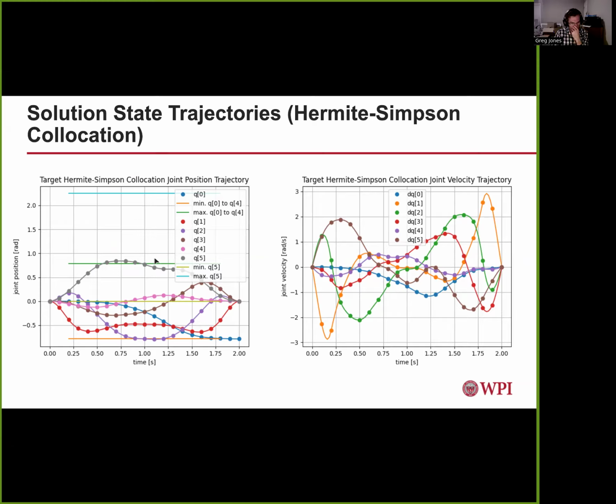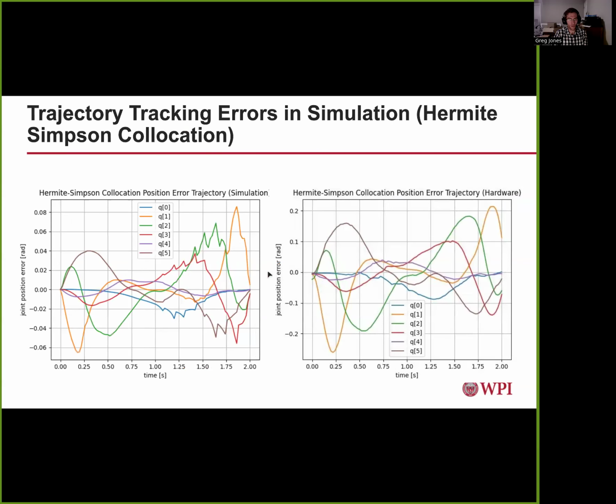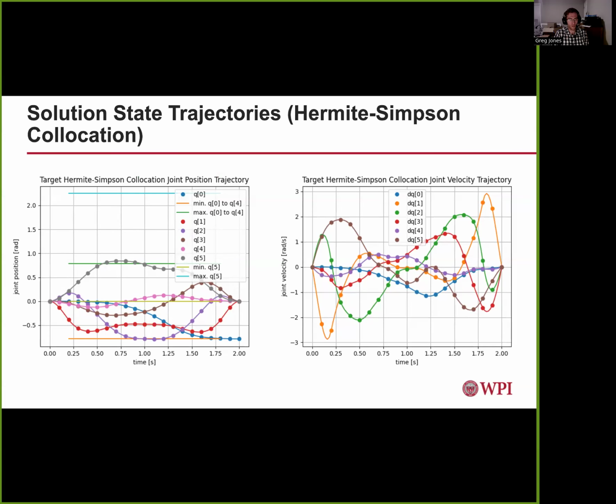And so the bounds in this case are also satisfied, which is good. And the end state makes sense with about a 45-degree offset. Duration is 2 seconds and 0 start state.